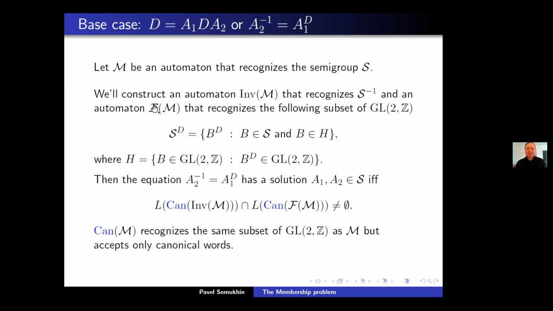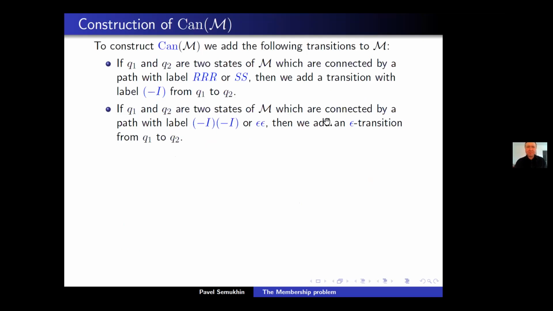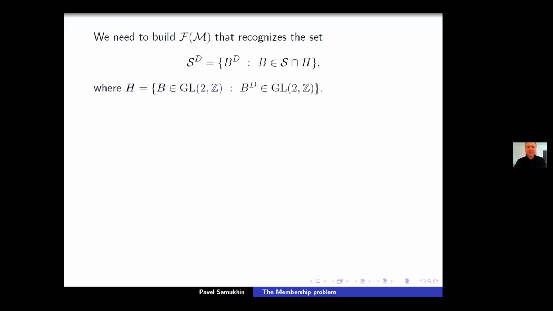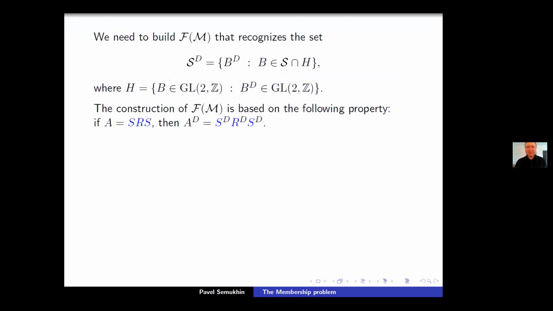I only talk about the construction of the automaton f of M for the set of conjugates from the semigroup S. Let's think how we could construct such an automaton.